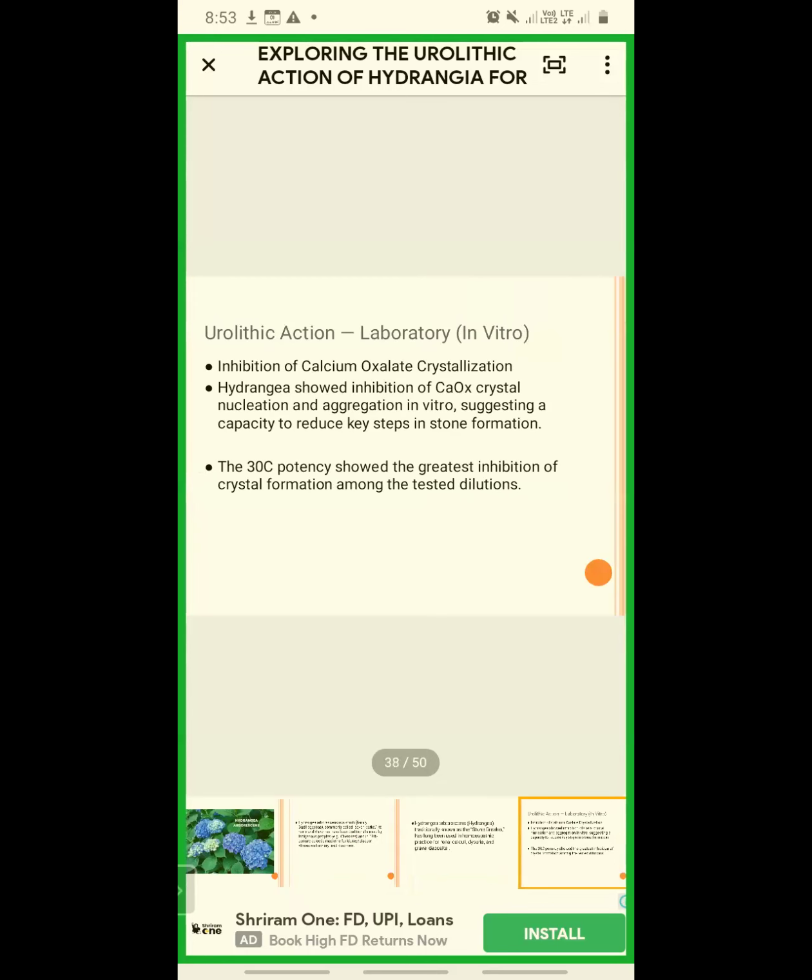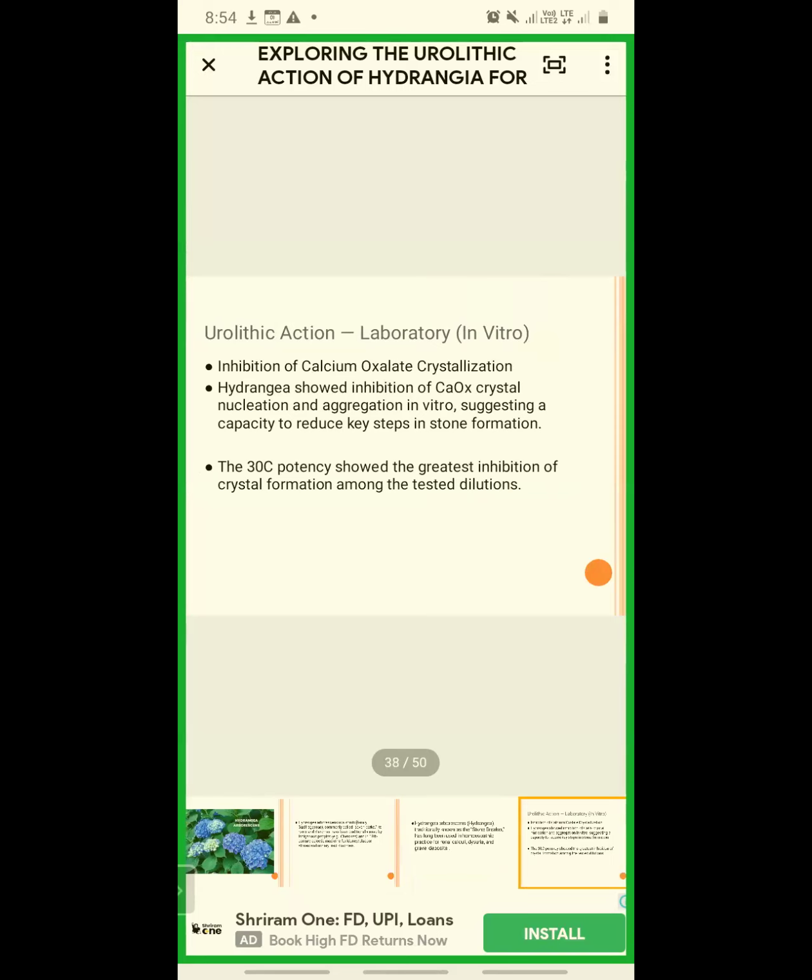So, for a medicine to be called as having an antiurolithic action, it has to be proven clinically, scientifically, and also with the phytochemical aspect. The Hydrangea medicine, in vitro, shows inhibition of calcium oxalate crystallization.